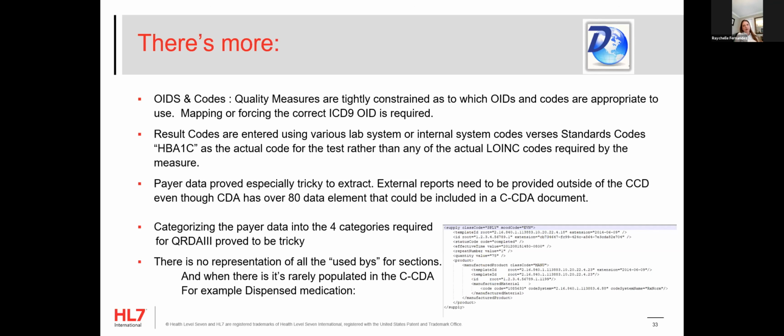Payer data is a big problem here. Quality measures require payer data, and not only that, they require that you categorize your payer data in four different categories. With that being said, there are 80 different data elements, it might be 88, in the CDA document that you could put in your CCD for payer data.